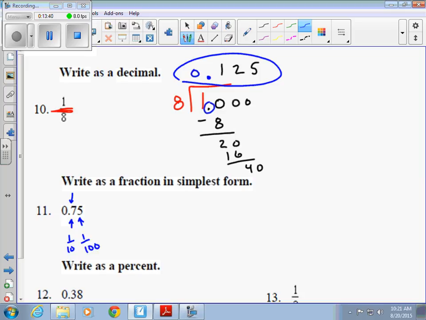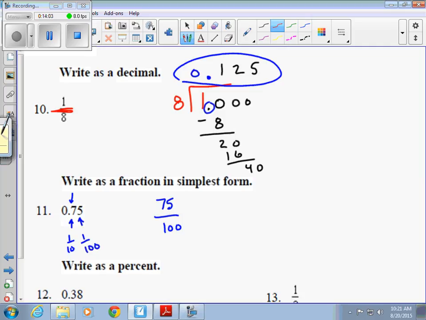So what you do is you take that number 75 and you go to the place that's furthest to the right. So that says 100. So 75 per 100, or 75 is what it's going to become, 75%. So it says write it as a fraction in simplest form.